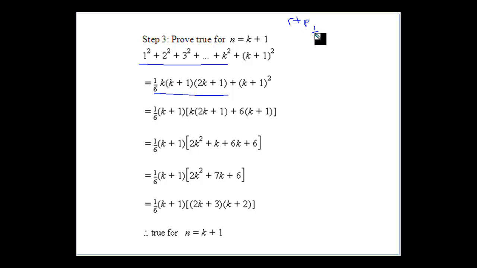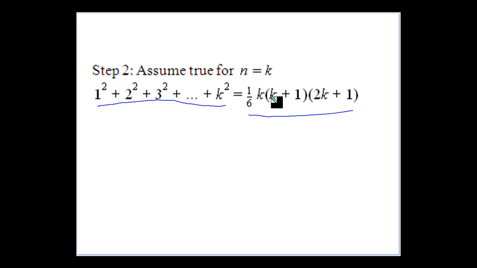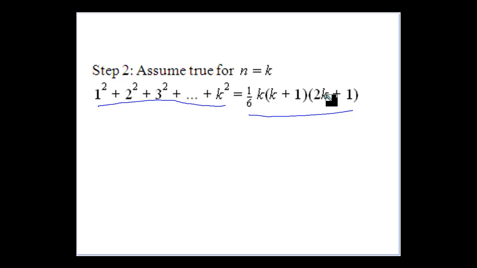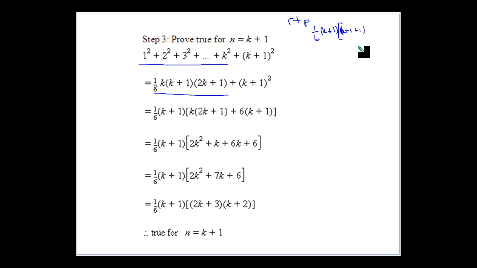We're required to prove our right-hand side would be 1/6 of k plus 1, and then if n is equal to k plus 1, we had n plus 1 there, so k plus 1 plus 1 in a bracket, and substituting it, 2 lots of k plus 1, plus 1.